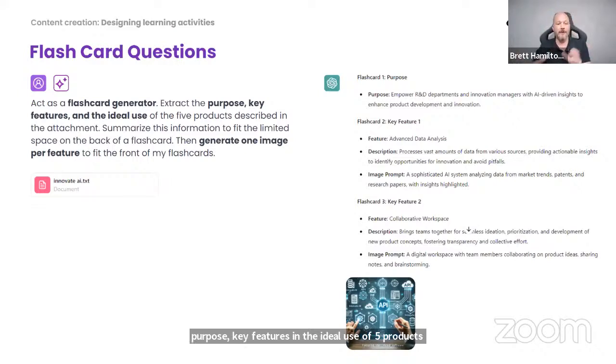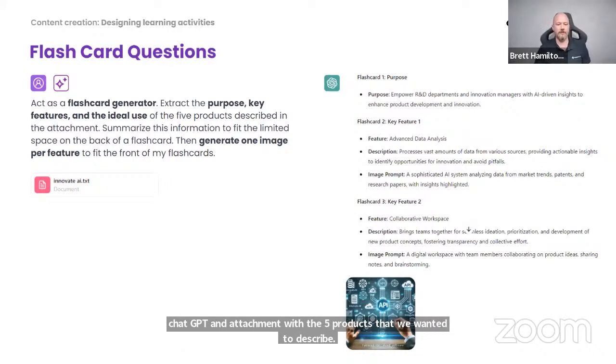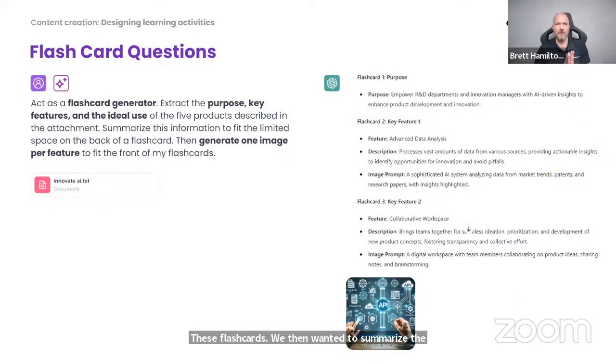So again, feeding data. We are feeding ChatGPT an attachment with the 5 products that we wanted to describe on these flashcards. We then wanted to summarize the information to fit the limited space on the back of a flashcard, right? Because if you just feed it information, ChatGPT is going to come back with a nice large explanation, but we're telling it needs to fit on a flashcard.